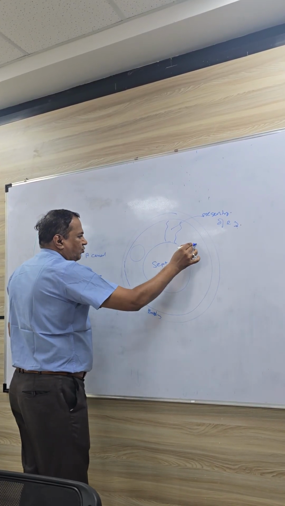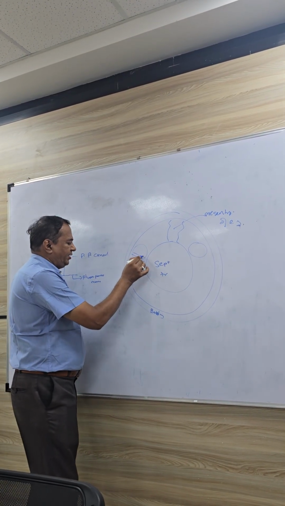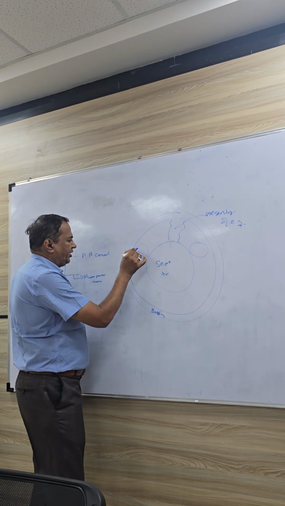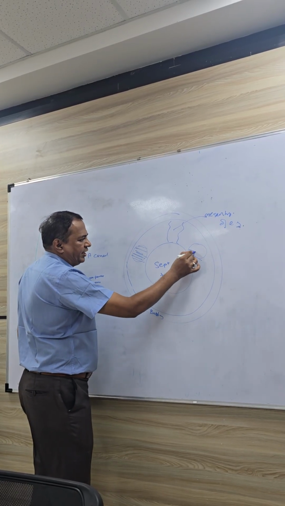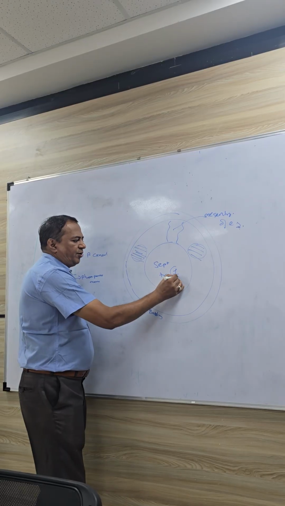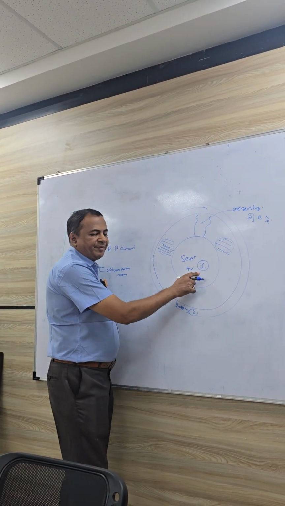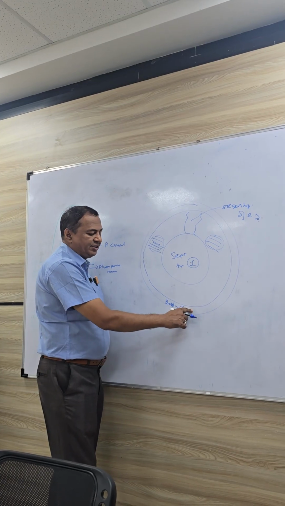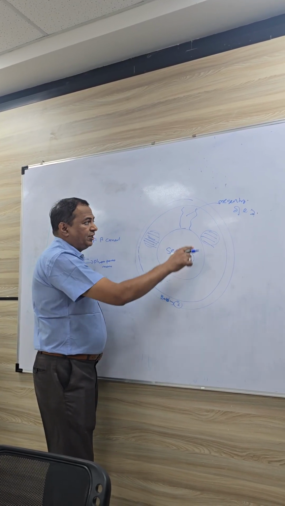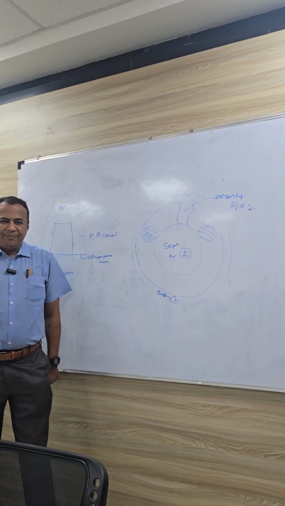And then these two openings, the pericardio-peritoneal canals, are fused by pleuroperitoneal membranes. So factor 1 contributing to development of the diaphragm is the septum transversum. 2, body wall. So this part will be supplied by the phrenic nerve. This will be supplied by the intercostal nerves. 3, mesentery of the esophagus, and pleuroperitoneal membranes.